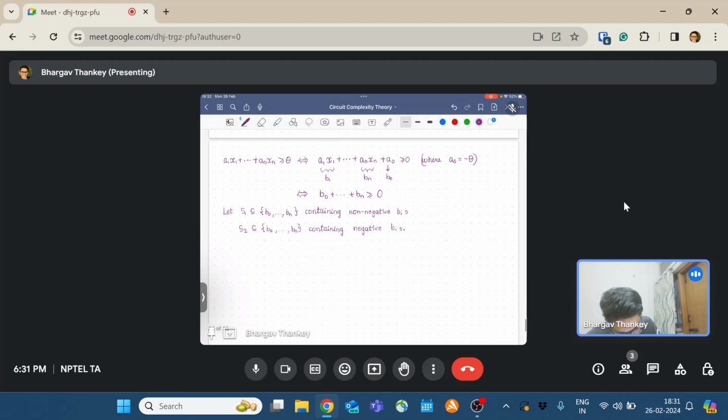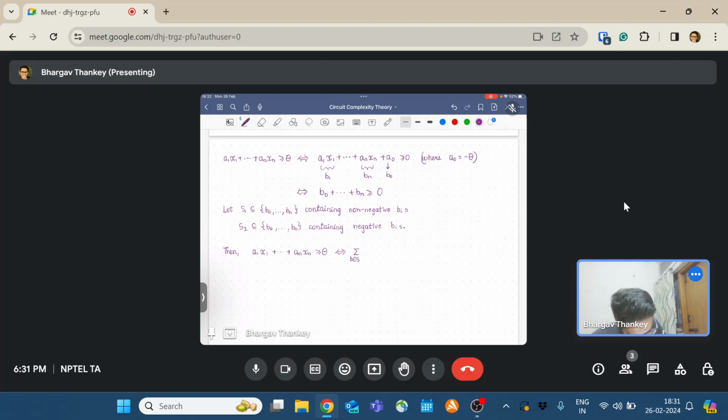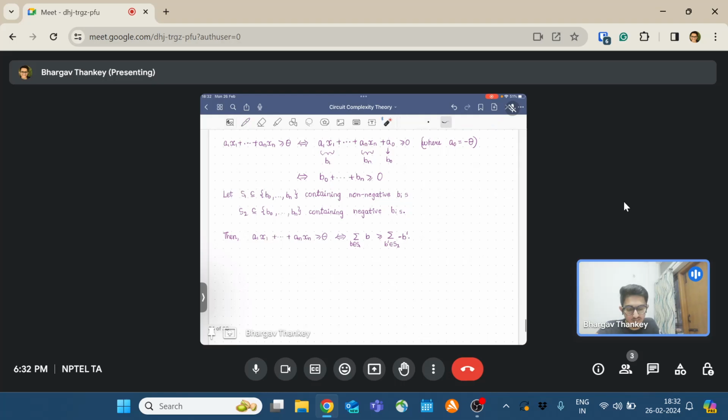Okay, so what we've done is divided B0 to Bn into two sets, S1 and S2, one containing just 0 and positive numbers, and another containing negative numbers, right?